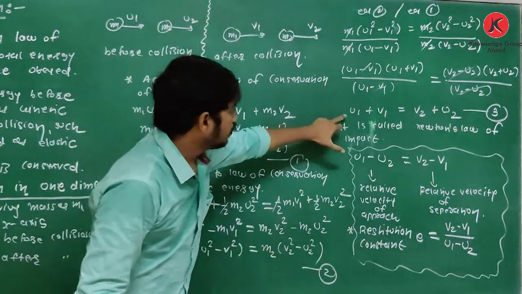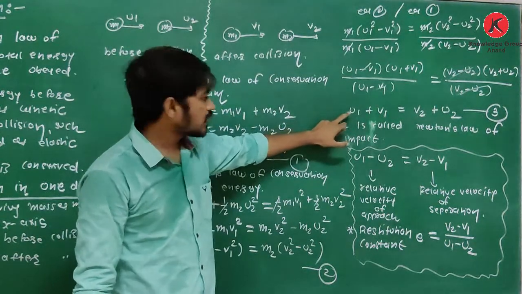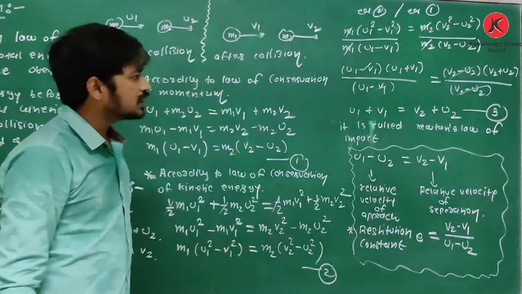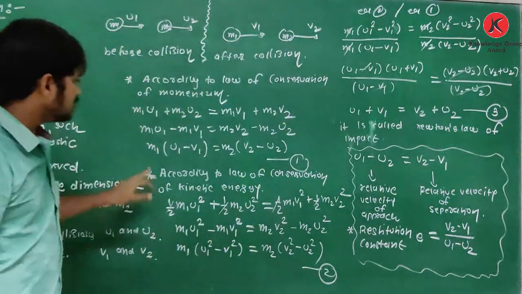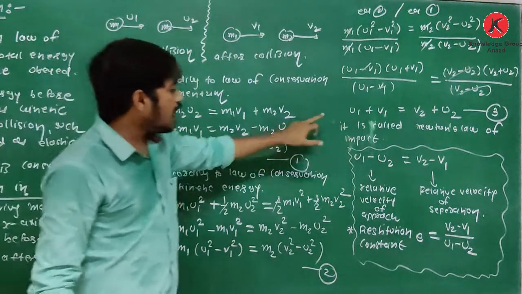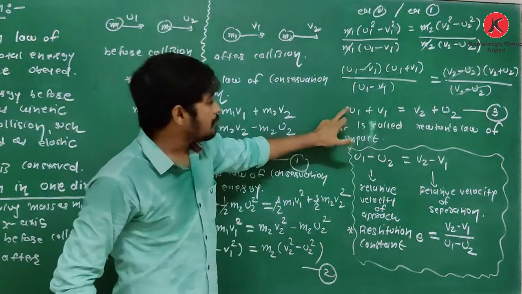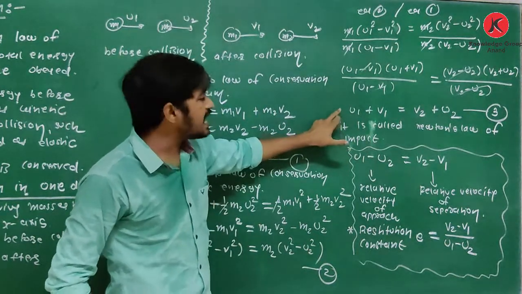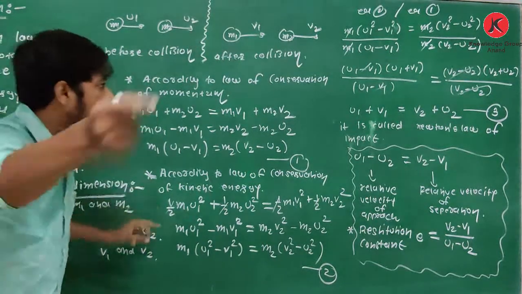We will multiply equation number 3 by m1, and then add it in the first equation. Then how to calculate?